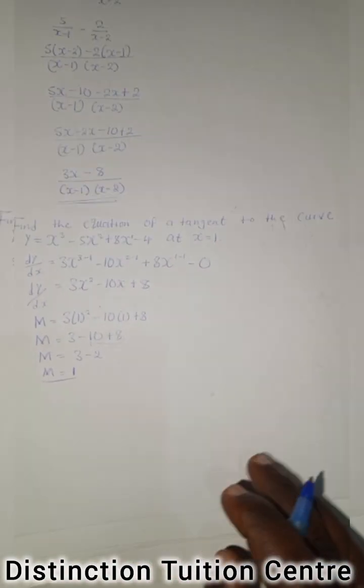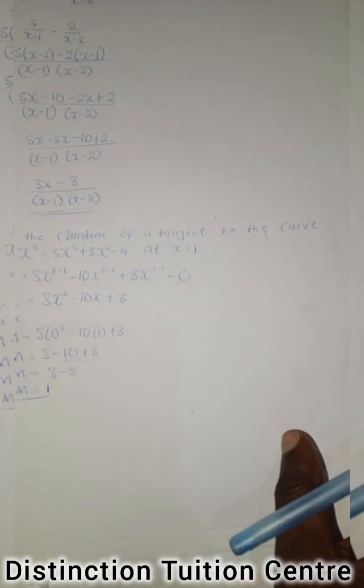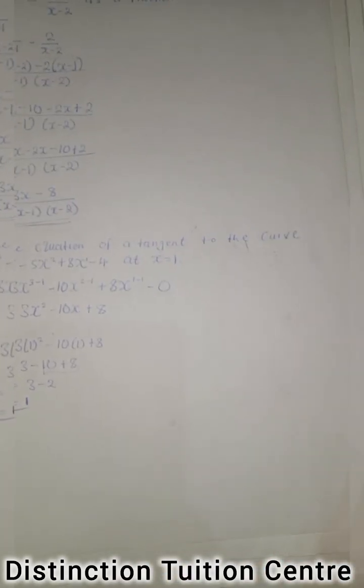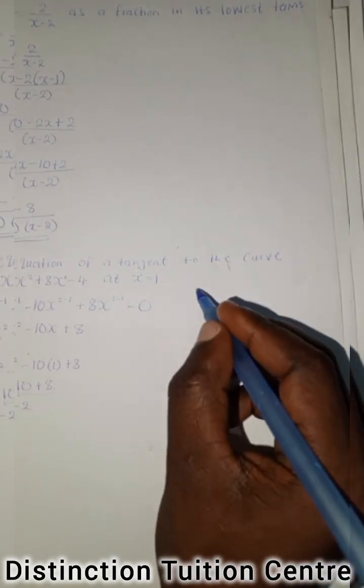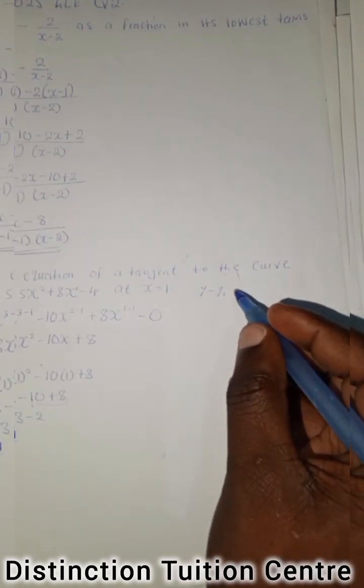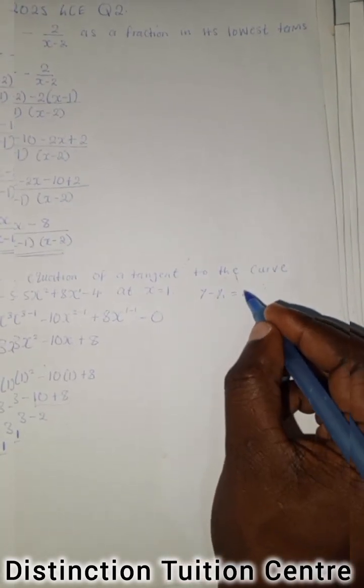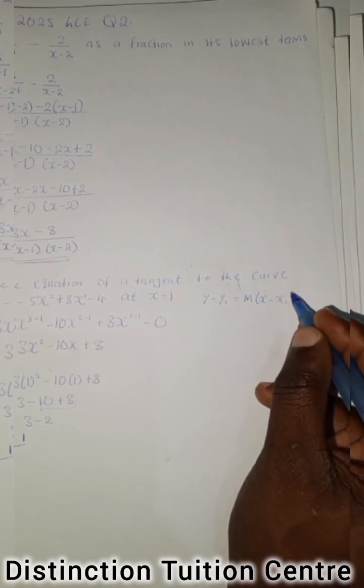After getting the gradient, we can now go ahead and introduce the equation of a line. Okay, so the equation of a straight line is given by y minus y1 equal to m times x minus x1.